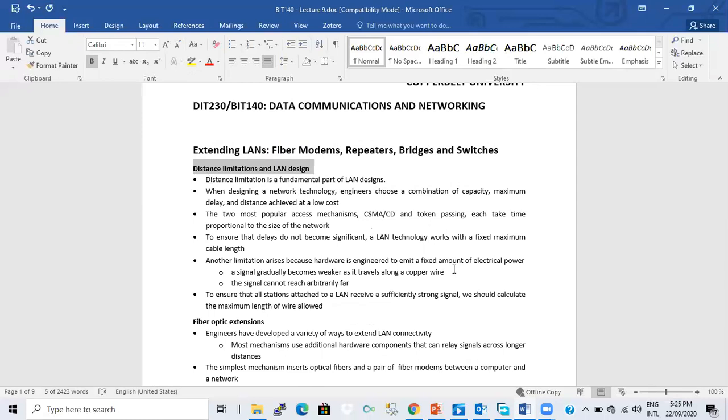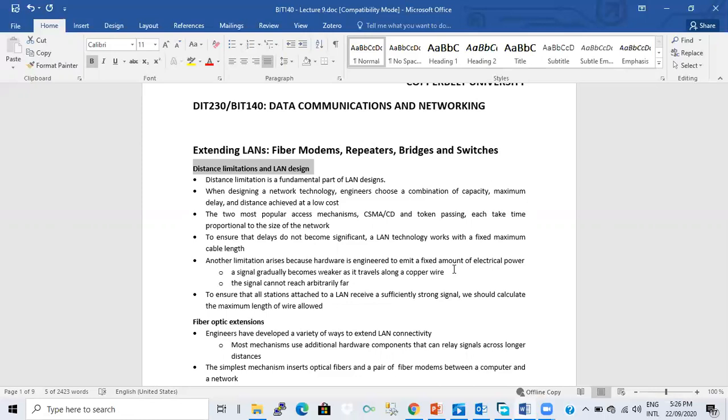The two most popular access mechanisms are carrier sense multiple access with collision detection, which we looked at, whereby before a computer or a device sends something on a network, it will sense to see if the network is free. If the network is free, then it starts to transmit.